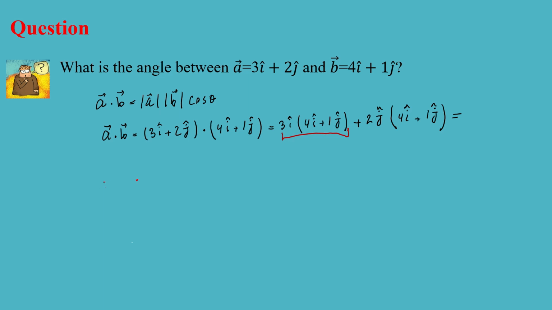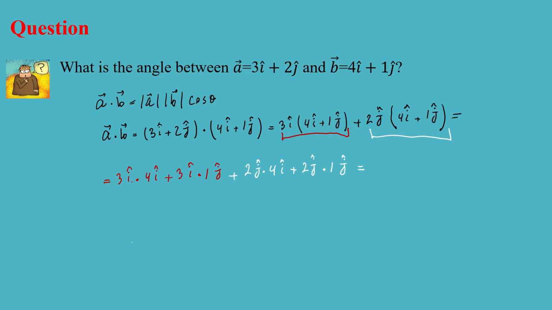So this is going to be 3i times 4i plus 3i dot 1j. And then for the next part right here, I will have 2j times 4i plus 2j times 1j, right?